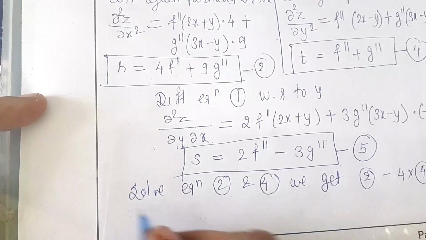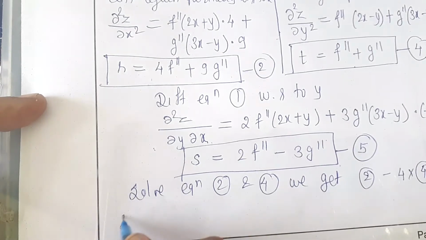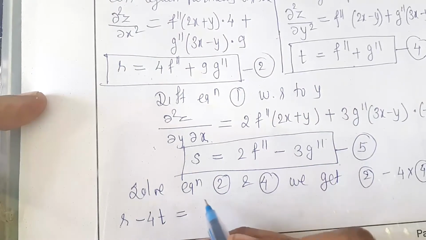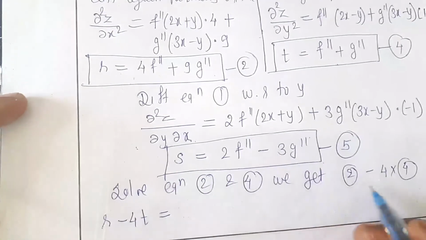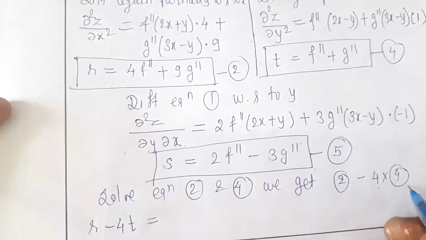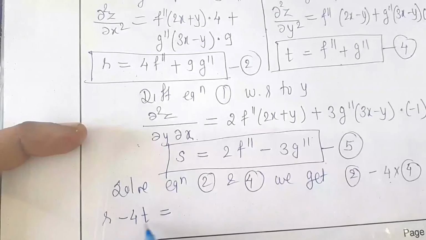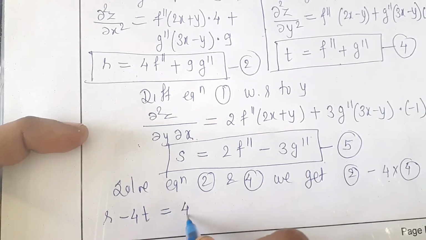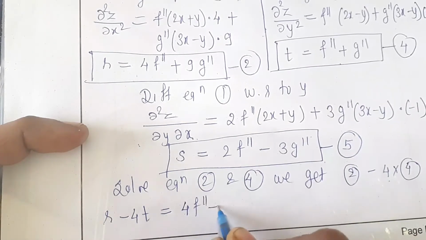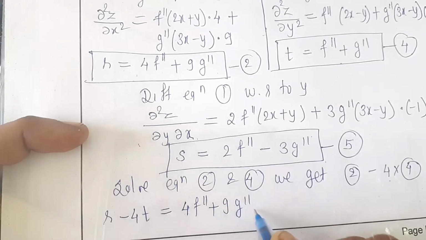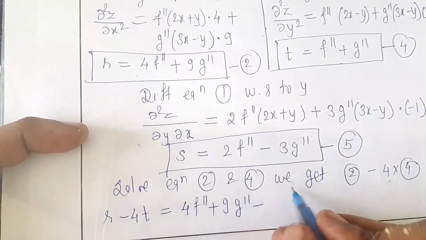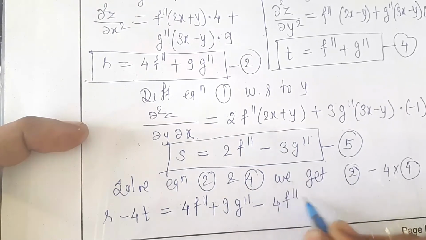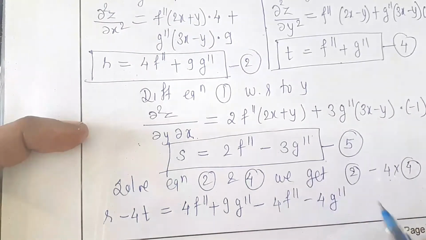So the left hand side is r minus 4t, equal to r as it is, 4 f double dash plus 9 g double dash, minus 4 times f double dash minus 4 times g double dash.